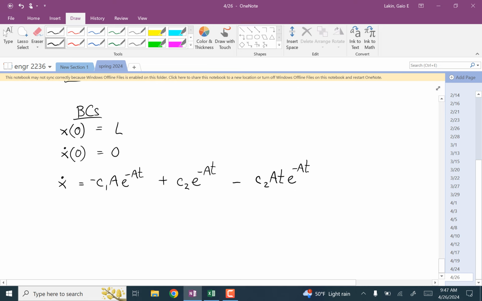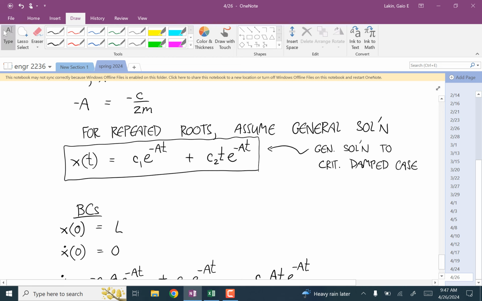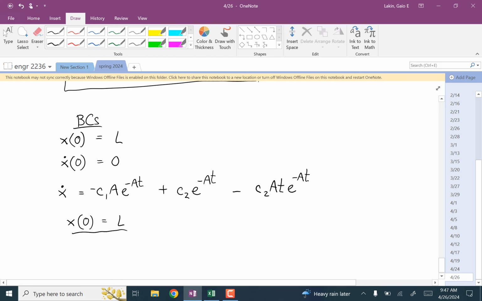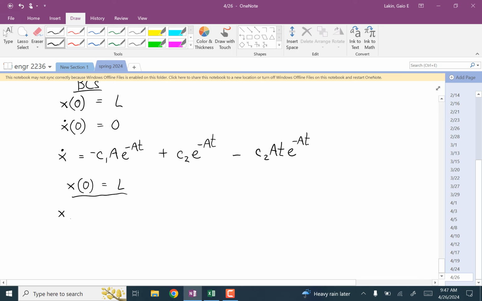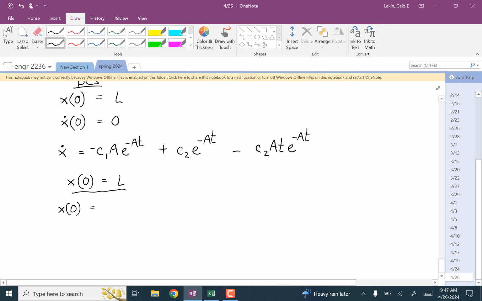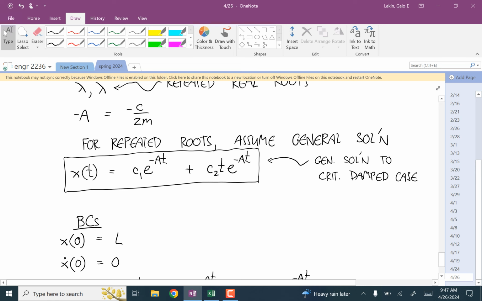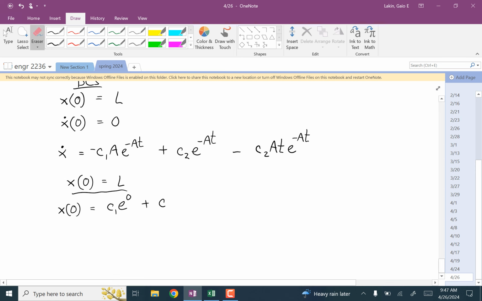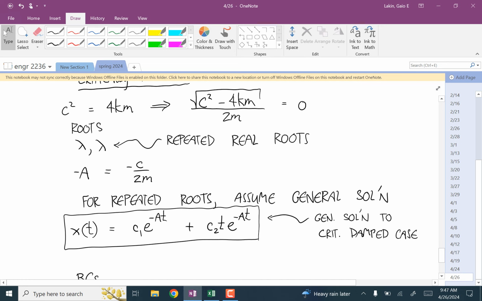Well, let's first use this boundary condition. If you plug in 0 for t, you get that x at time 0 is equal to C1 times e to the 0 plus, well, this time I almost fell for this trap, but look over here, when t is equal to 0, that second term goes away.